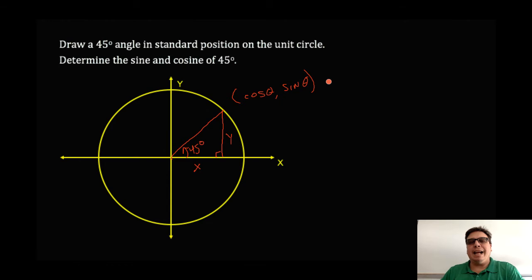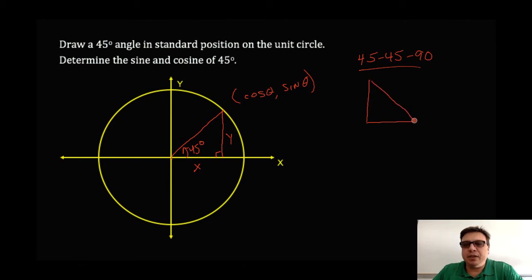So let's now go back and talk about the 45, 45, 90 triangle. Remember that my side lengths are the same, and the side length over here is x square root of 2. Well, this would be 45 degrees.